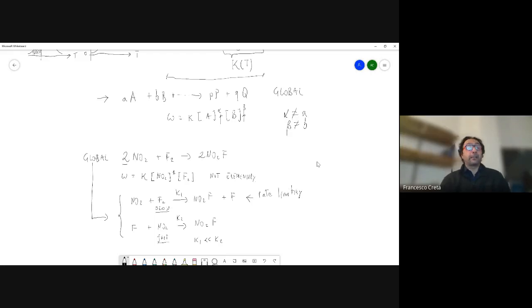And in fact, look at this reaction rate. It has the same expression as this one.